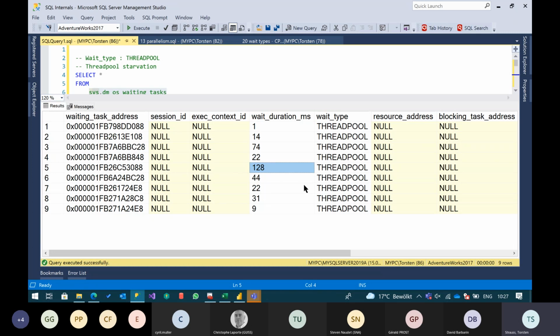And now consider the following: you're running the same query, not with MAXDOP 1. I do not want to do this because hopefully you understand the impact already. So this time the query will even allocate 8 threads because it is not just limited to 1 thread. So therefore you have 8 times the number of threads allocated by the same amount of requests.